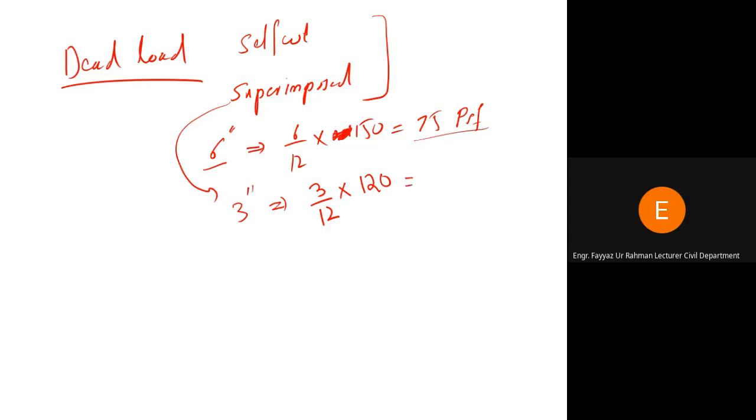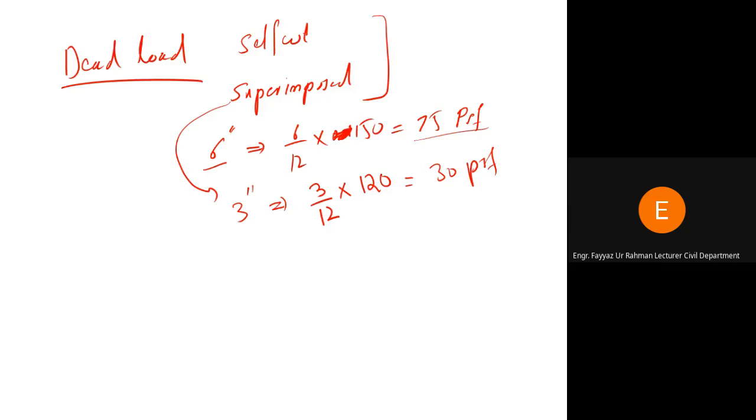So from this you can calculate the superimposed dead load. The self weight of the structural member, for example slab, can be calculated very easily from its thickness multiplied by its unit weight. Clear? They are deterministic. They can be calculated with high degree of accuracy from these equations.